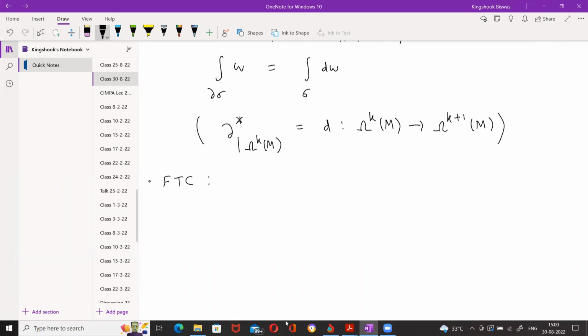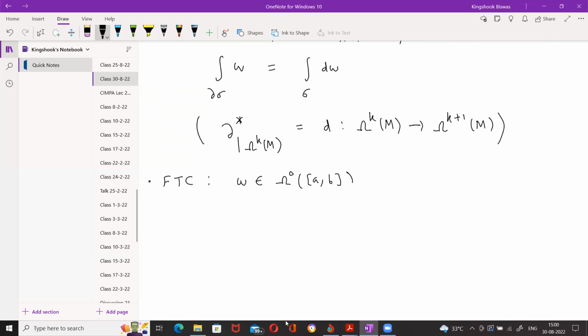So what does the fundamental theorem of calculus say? Basically, you think of omega as a zero form on an interval AB.